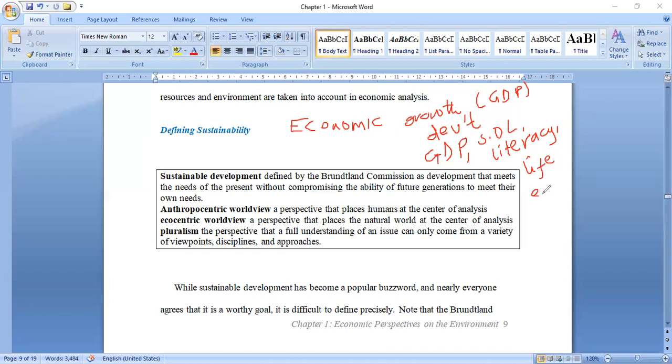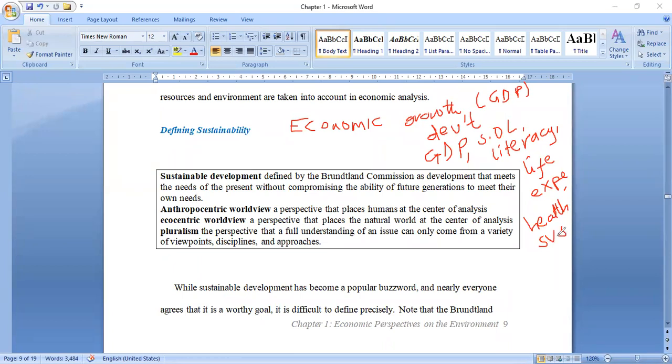It is not only looking at the figures in terms of the national income or the GDP. It will look at access to health services. Much as the national income is increasing, are these people having access to health services? Are we together? So economic development looks at all those.